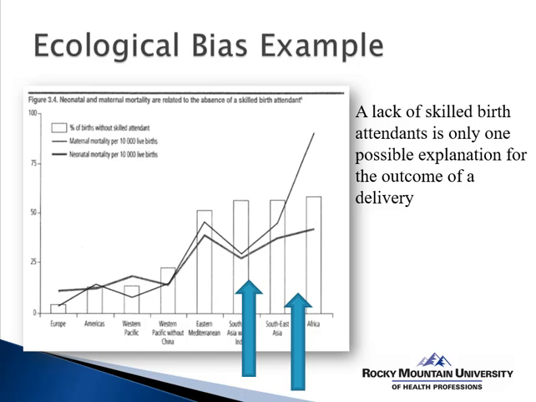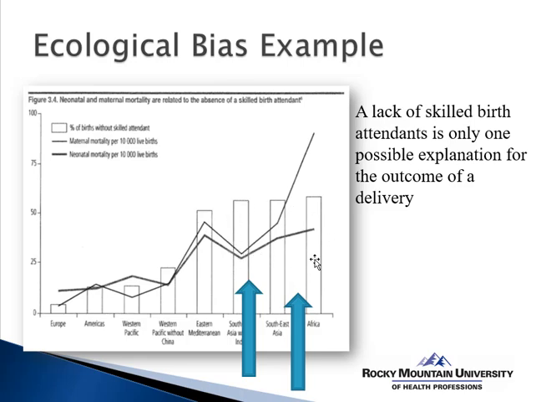Here's a bias example. What we see here is Europe, the Americas, Western Pacific, and then Eastern Mediterranean, Western Pacific without China, then some Asian regions, and Africa. The boxes are the percentages of births without a skilled attendant. And so, okay, that makes sense.